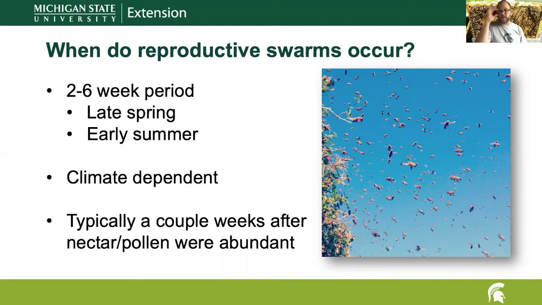Here in Michigan, boy, it seems like the season changes every year, and it's very difficult to rely on hard dates for things to happen. You have to look at the environmental shifts. But these reproductive swarms are usually occurring a couple weeks after nectar and pollen were abundant in the landscape. And we usually see that during the first nectar flow at the beginning of the season, which this coincides with.